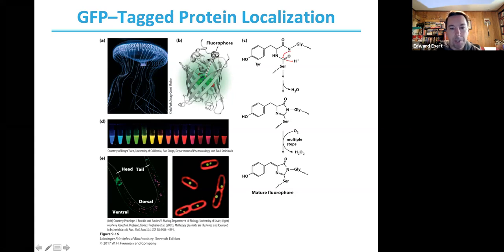Now we have something like 14 various fluorescent proteins of varying colors. So if you want to see if a bunch of proteins interact with each other, you could tag something like 14 different proteins. Some of these colors are pretty similar, but you can tag at least half a dozen and see where they all are with respect to each other.